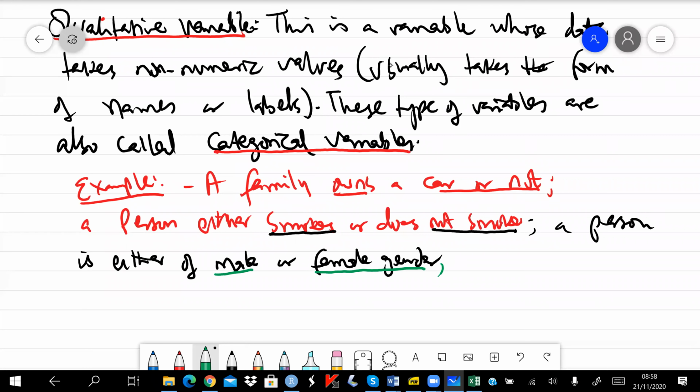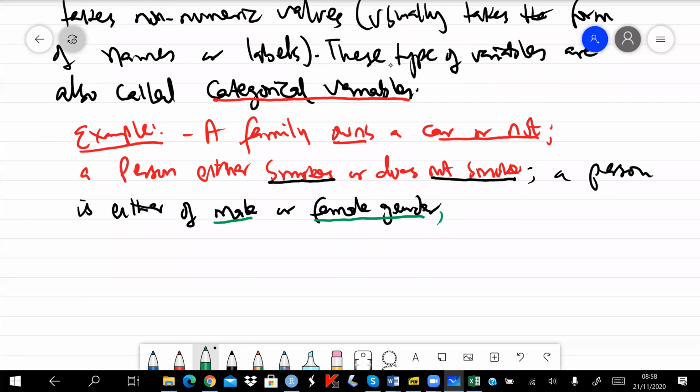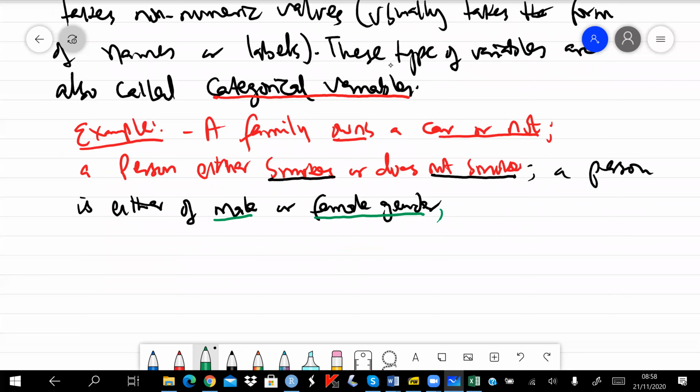When you sit for an exam, you either pass or you fail. So that is what you're calling qualitative information. And that's what is coming from qualitative variables. Okay. Then we notice that in regression analysis, some of these variables either come as a dependent variable, so they are either dependent variables or independent variables.